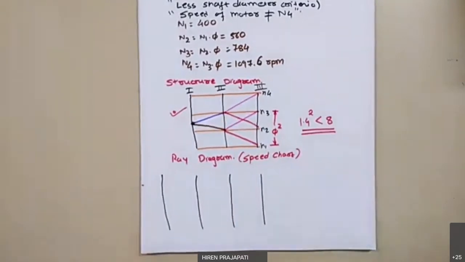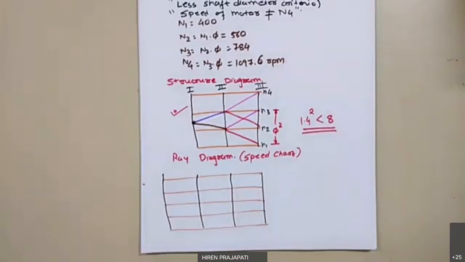Okay. So now, we need to go for 5 lines: 1, 2, 3, 4, 5. Now, let me mention speed. So here, N1 is equal to 400, which is given.